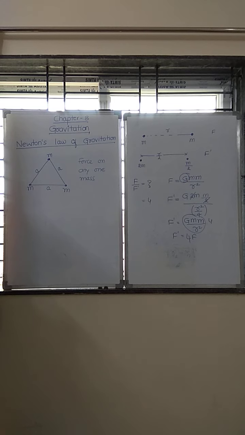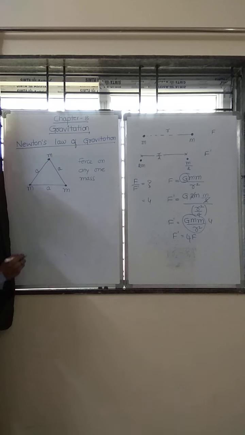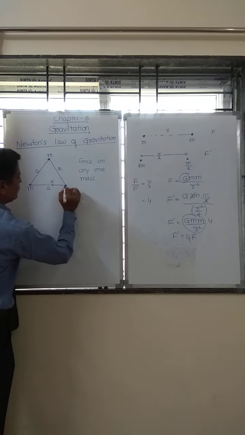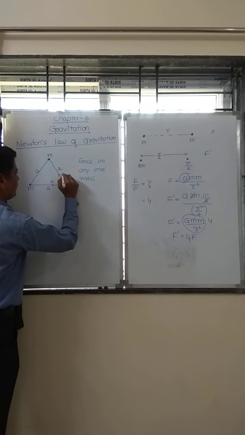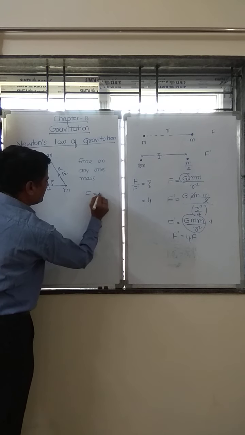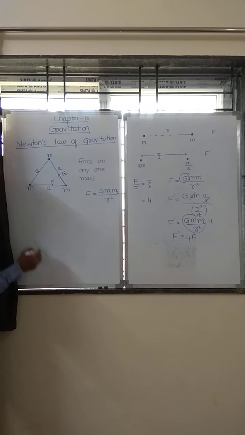See, I'll try to write directly. I'll try to calculate the force on this mass. This m is attracted by this m, so this force is F1. And this m is attracted by this, so it experiences a force this side. If I call it F2. You know, force is given by capital G, m1, m2 by distance square.